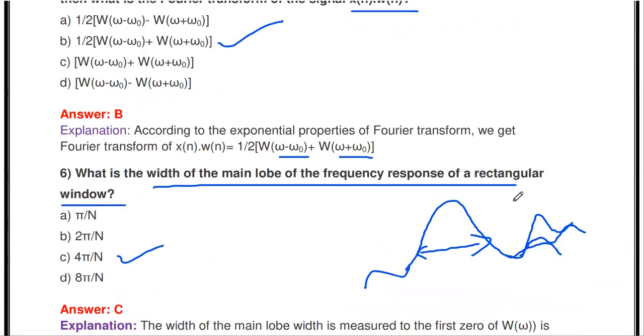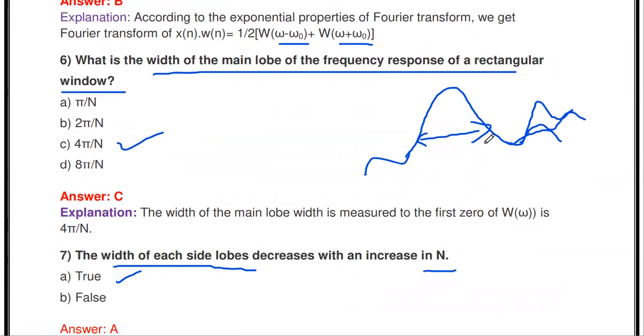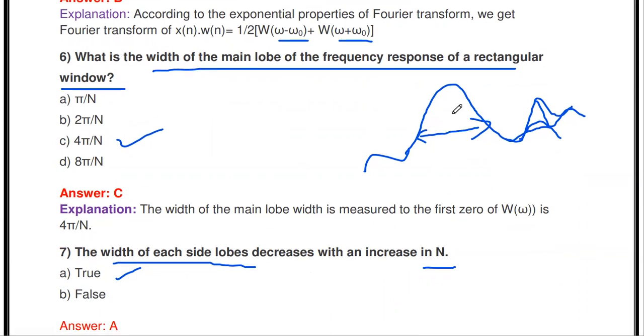This is the graph for n equal to 5. Then for the FIR filter having n equal to 11, if you are getting the frequency response, the side lobe amplitude is the height. This side lobe amplitude height is high when compared to n equal to 5.